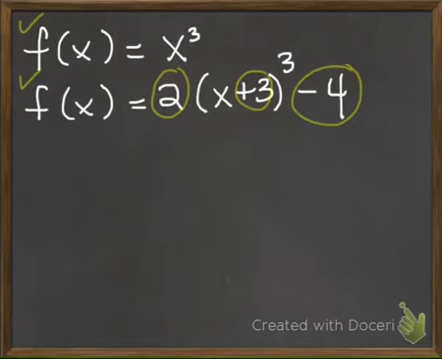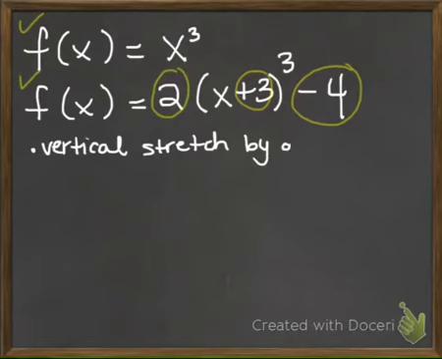So I'll start with the 2. The 2 is being multiplied times our function. So when you're multiplying by a number that's greater than 1, that is going to be a vertical stretch by a factor of 2.